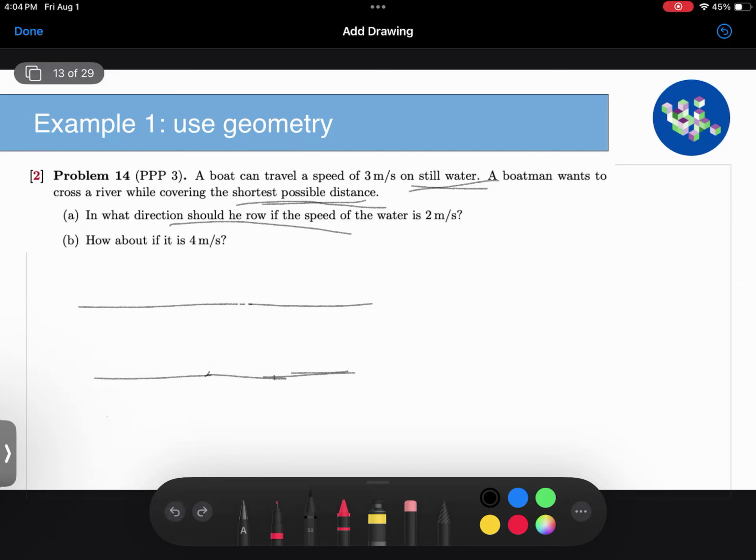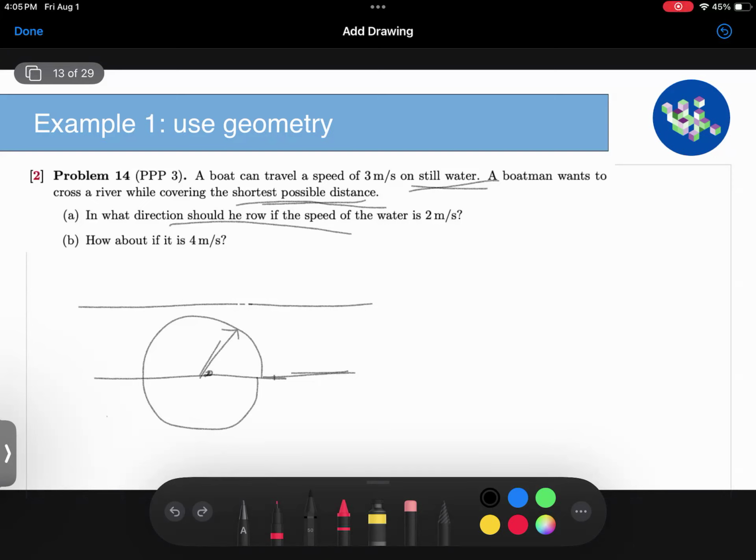Well, here is where geometry comes into play. I can choose whatever direction I can row. So if I'm starting here, if I draw a circle with radius 3, any radius of the circle will be a possible velocity vector that I'm rowing. So I can row this direction, which means that I'm rowing at this angle theta.